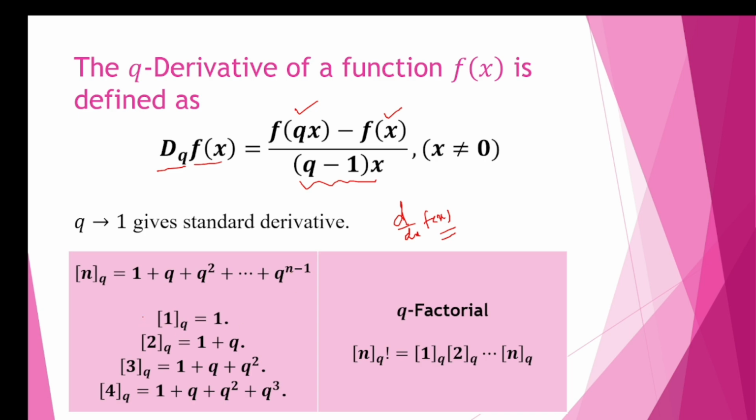If n is 1, it will be 1; if n is 2, it will be 1 plus q, and so on. Next is the q factorial, which will also be used. It is bracketed nq factorial, which will be 1q, 2q and so on up to nq. This is also an important result that we are going to use in various cases.